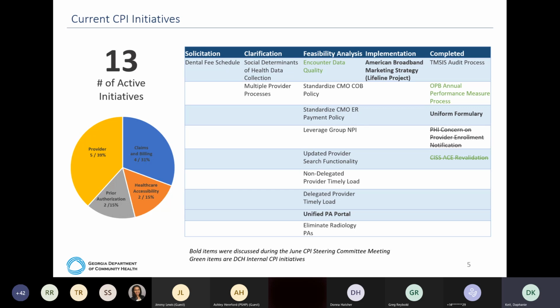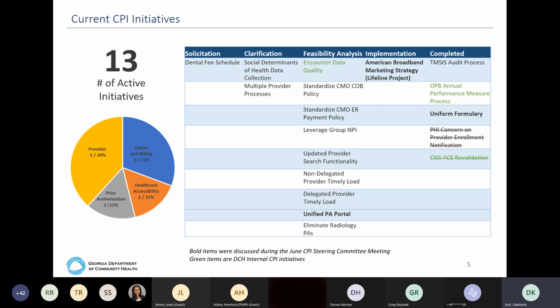This one stays in clarification because we're still waiting on some information from the external stakeholder community so we can begin discussing what type of provider processes we are referencing here. So we need more information before we're able to move forward on that.